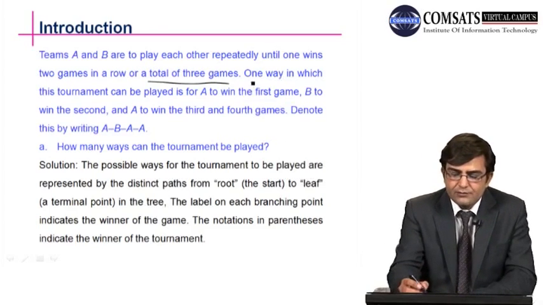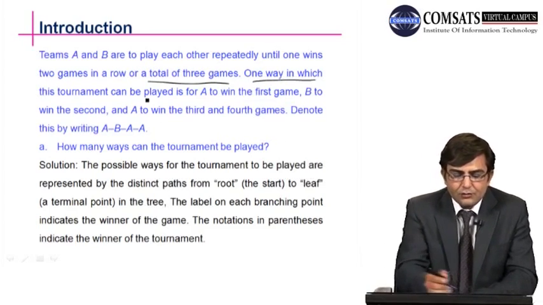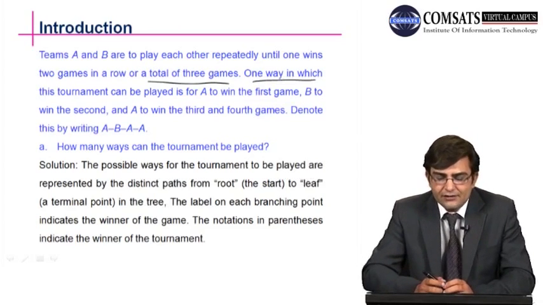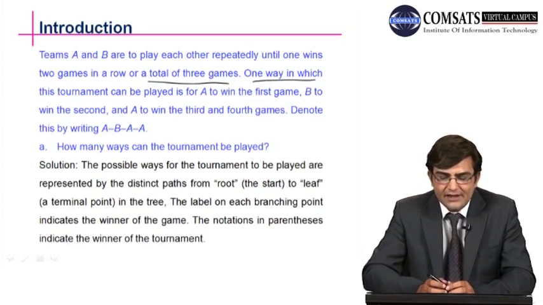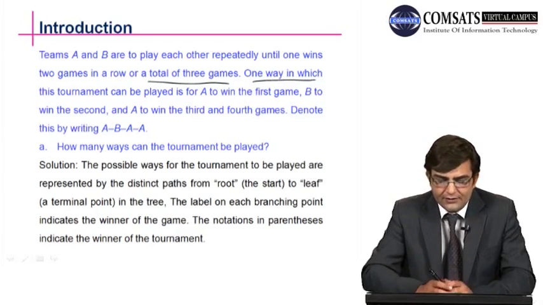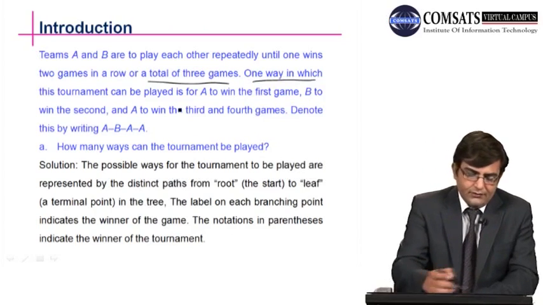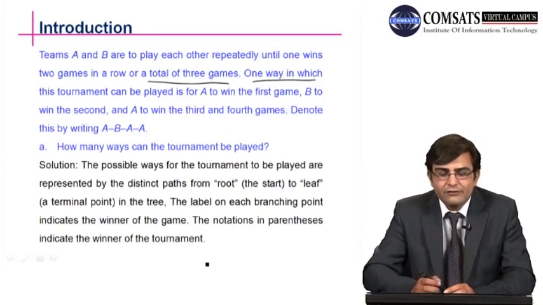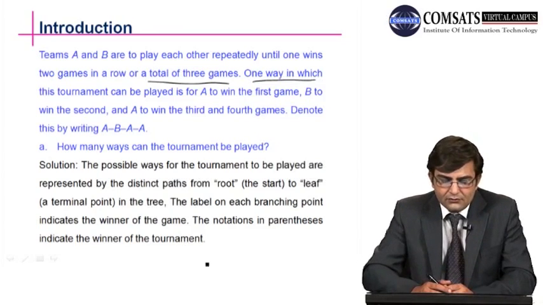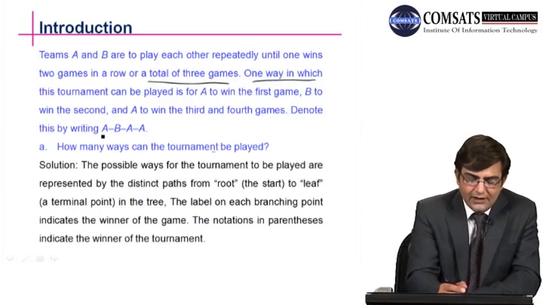There is one way in which this tournament can be played: A wins the first game, B wins the second game, and A wins the third and 4th games. Note this, for example, this is how both teams play. Then we denote this sequence of games and winners like this.